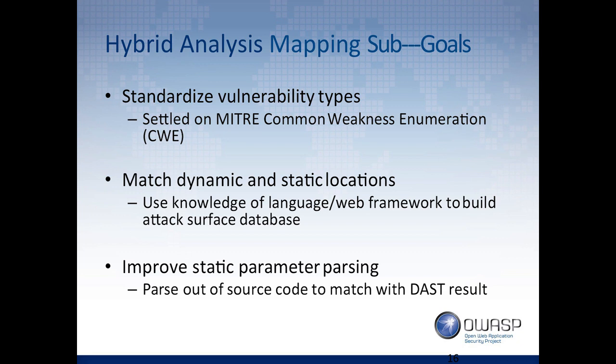When we pass a request into an application, we're sending that request into a particular URL. We need to know what code in the source code ultimately gets glued out to the web where that request can hit it. So we need to be able to translate between the URLs that an attack is being passed to and the source code that is going to be executed as a result of that piece of the attack surface being exercised.